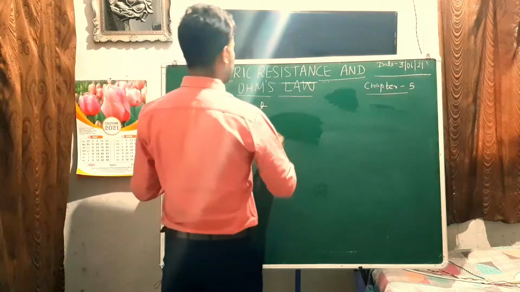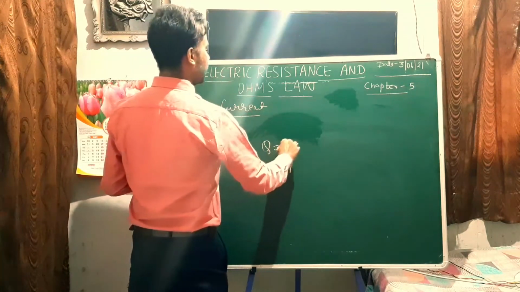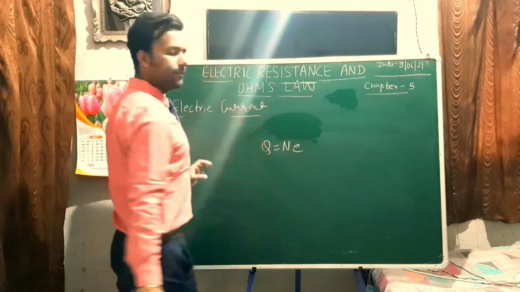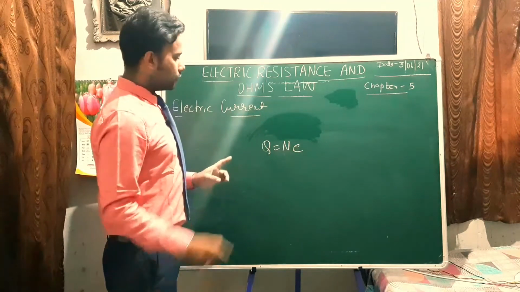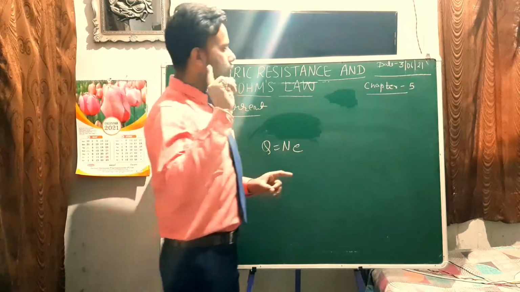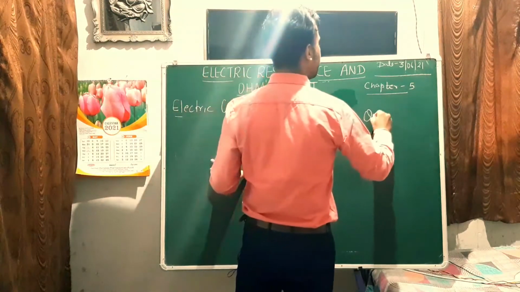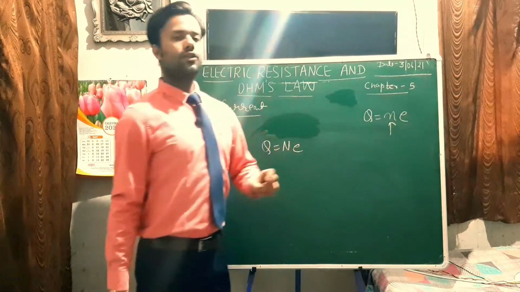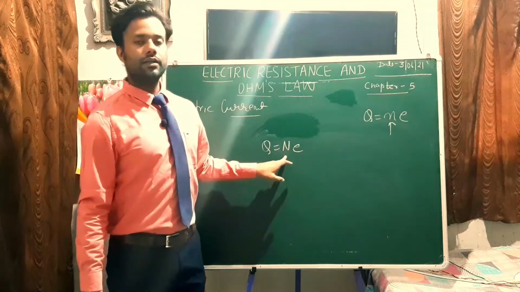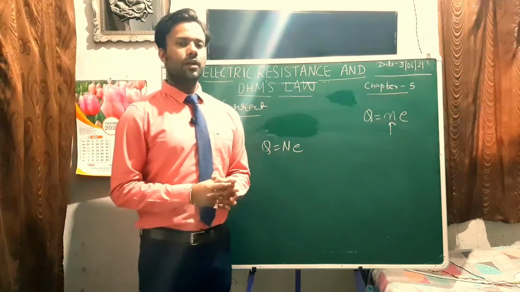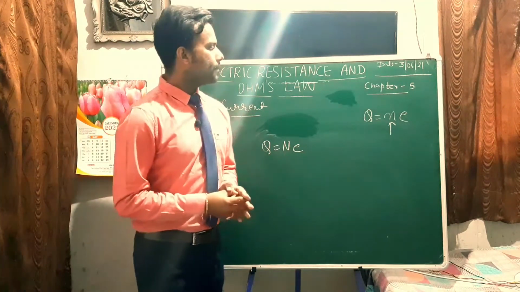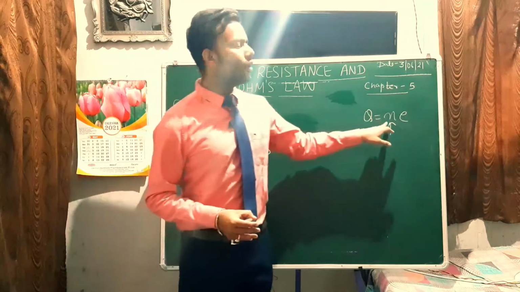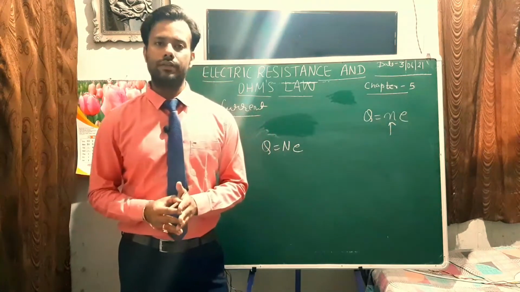That is, Q equals N into e. You must have noted one thing: in the first chapter we wrote Q equals n e, showing the number of electrons with small n, but here I am writing it as capital N. There is a reason behind it, because in this chapter capital N and small n have different meanings.